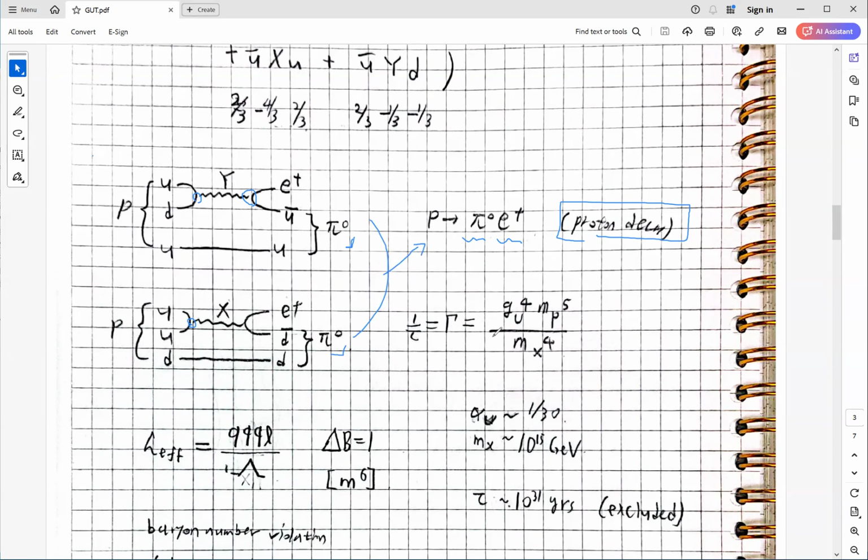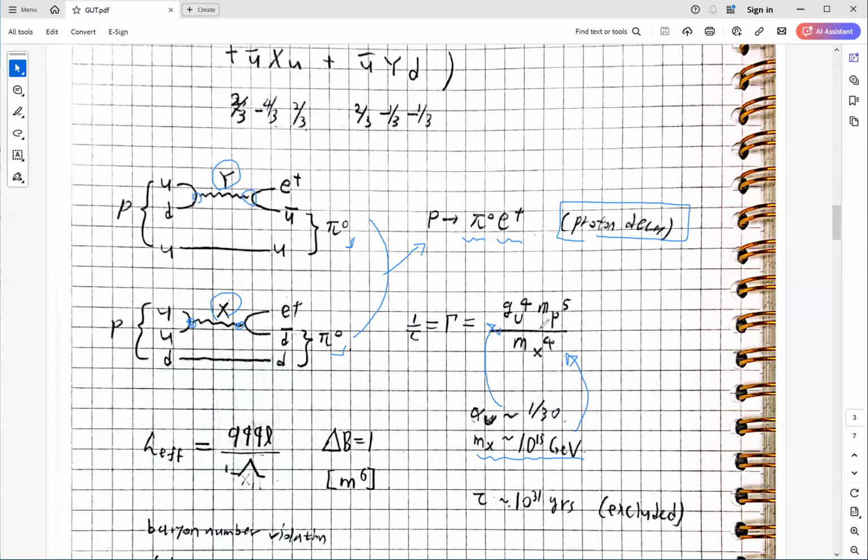The typical lifetime of the proton decay is given by the two couplings, the unification couplings. The X and Y gauge bosons have extremely large mass at the GUT unification scale, so they are integrated out in the propagator. This gives M_X to the fourth, and the unification coupling alpha_U is almost one over something.